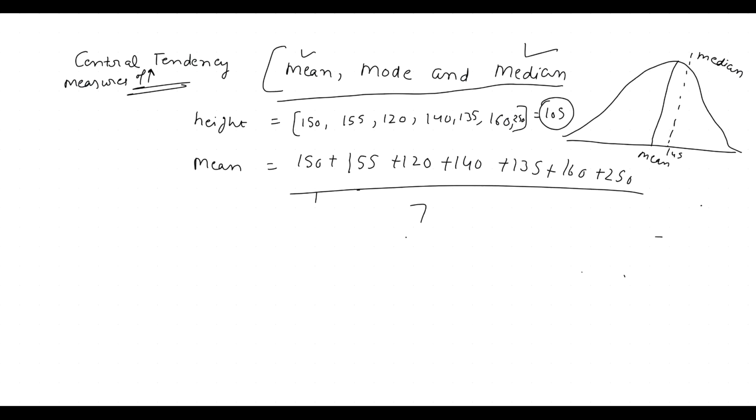Let's say the average value comes up somewhat like this. We can just make the addition of this as a random number, so its mean value comes up around maybe 200. After dividing by 7, I'm just picking this randomly, just taking the assumption after addition of all these numbers divided by 7.